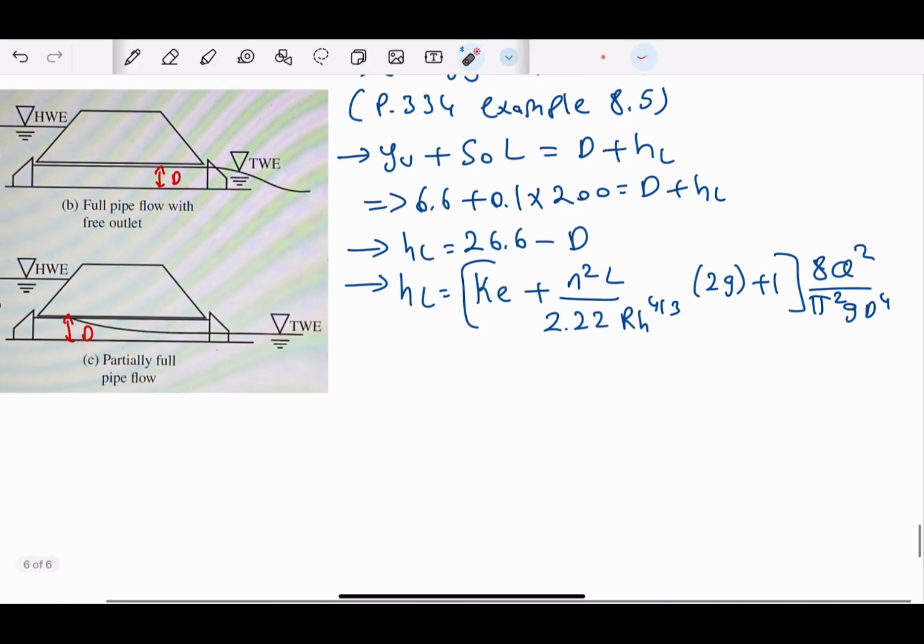And also from equation 8.18, you will see this head loss equation. But this equation is actually for SI units, and this is for English units. So you are going to add this 2.22.